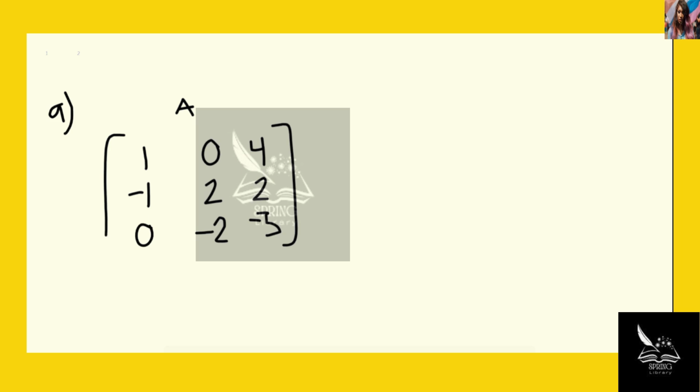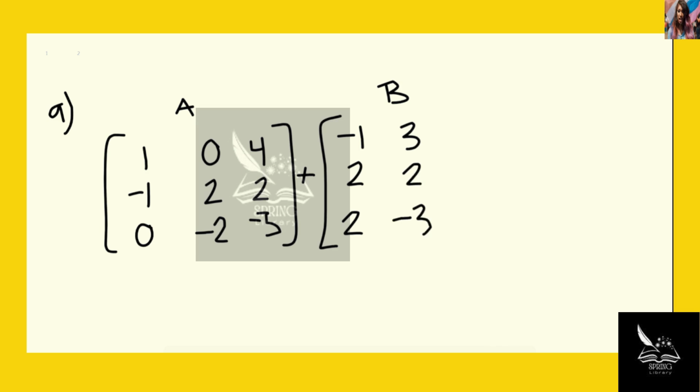Then we're going to add that to another 3 by 3 matrix, B, and that's going to look like this: 3, 2, -3, 5, -3, 0. And we want to take the sum, right?